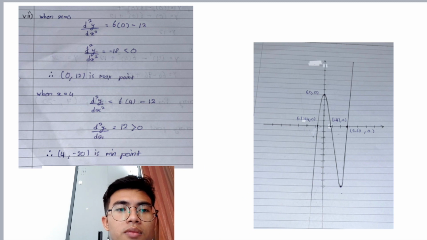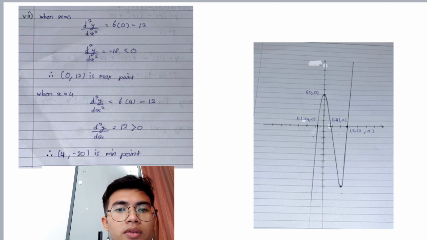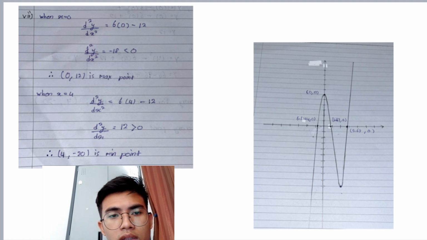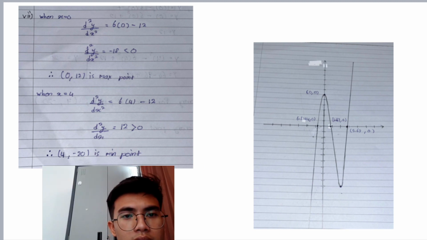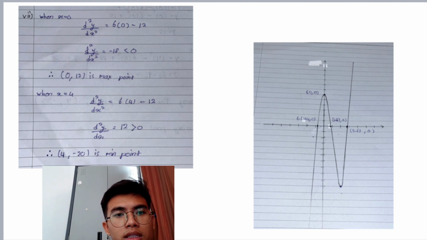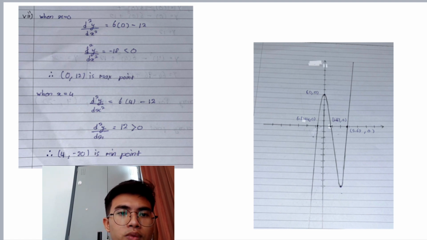For question number 5, determine the nature of any stationary point you found in part 2. Justify your answer. So we will use d squared y over dx squared equals 6x minus 12, where the 6x minus 12 comes from question D1, where the answer is 3x squared minus 12x.